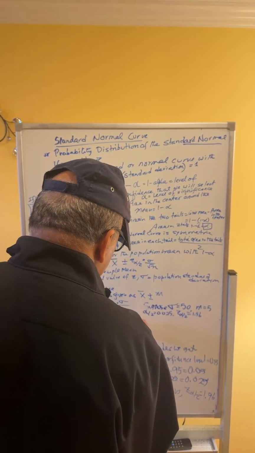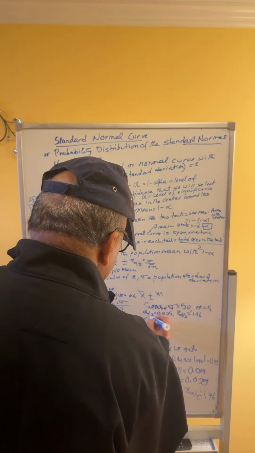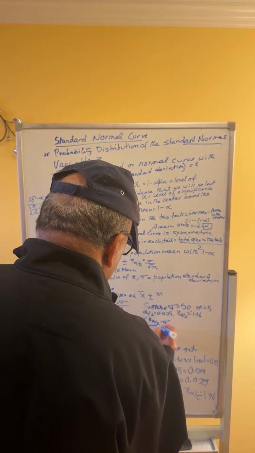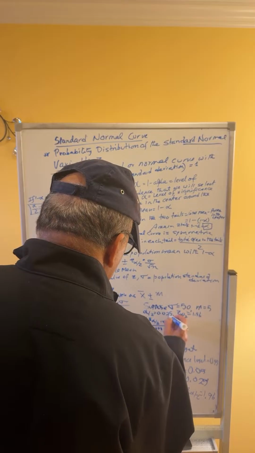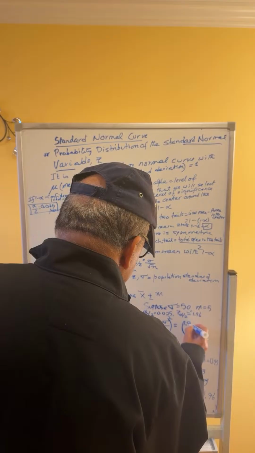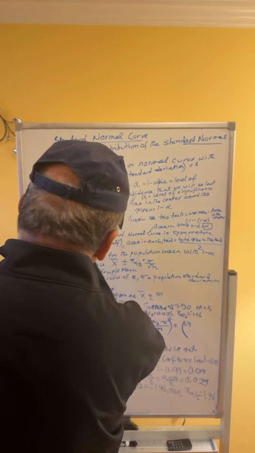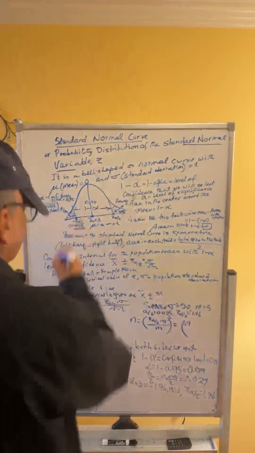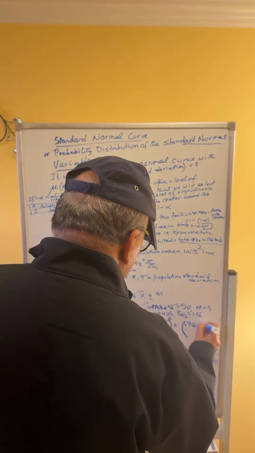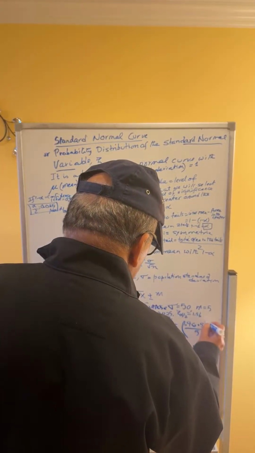Then the minimum sample size n will be equal to z alpha by 2 multiplied by sigma divided by margin of error, squared. Now we know z alpha by 2 is 1.96 for alpha 0.05, with area in each tail 0.025. So 1.96 multiplied by sigma, which is 50, divided by the margin of error 5, squared.